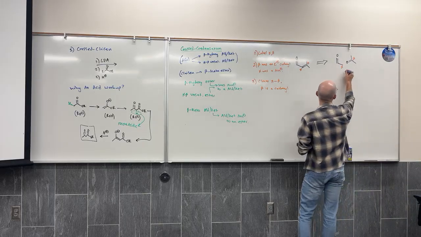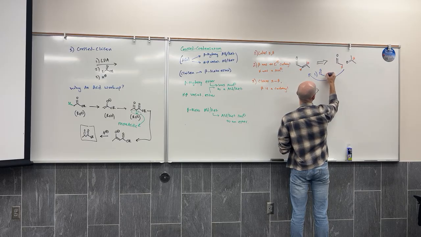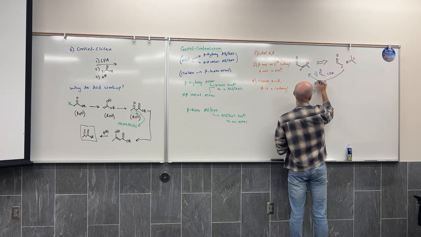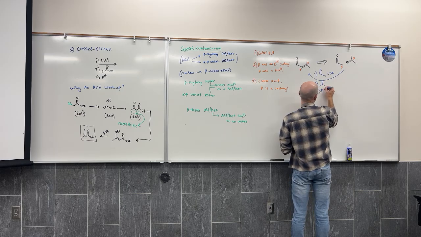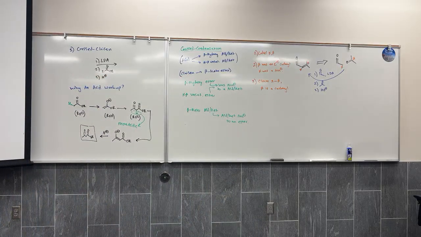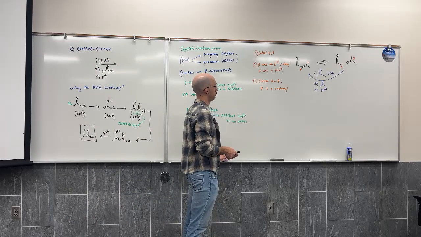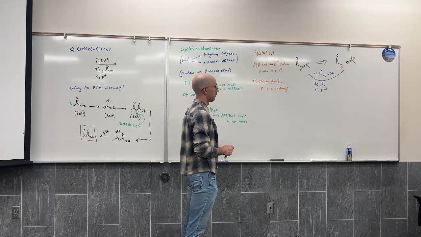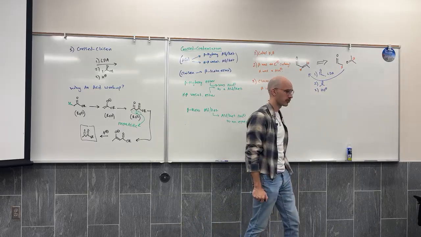So if I wanted to show this synthesis, I would say first introduce my nucleophile with LDA, then introduce my electrophile and have that catalyst added, the hydroxide, to force it forward. It's a crossed reaction, so I want to be able to produce a nucleophile before I introduce the electrophile.